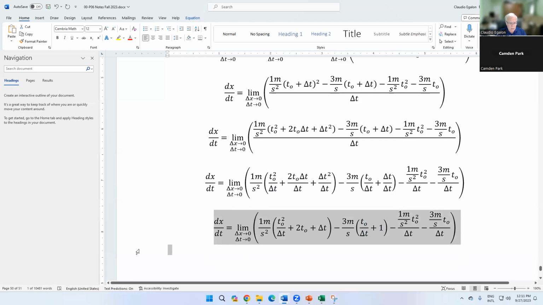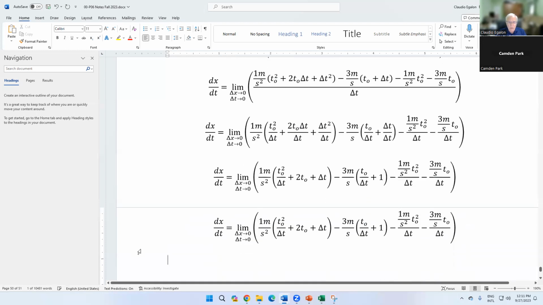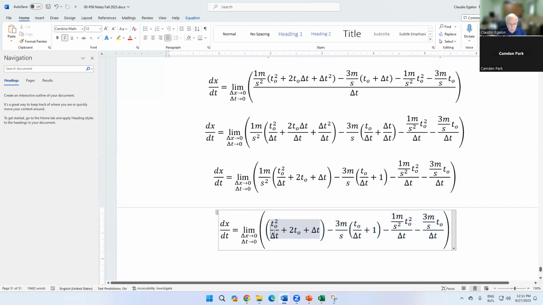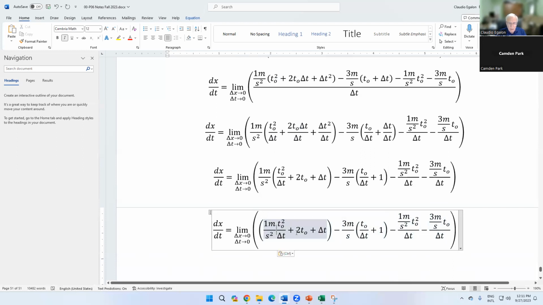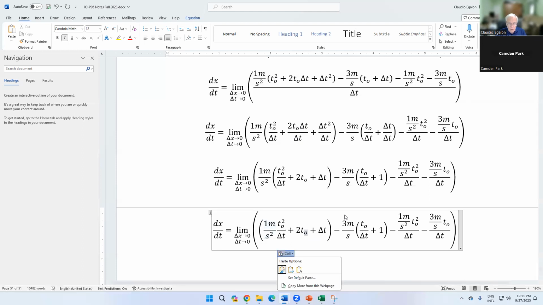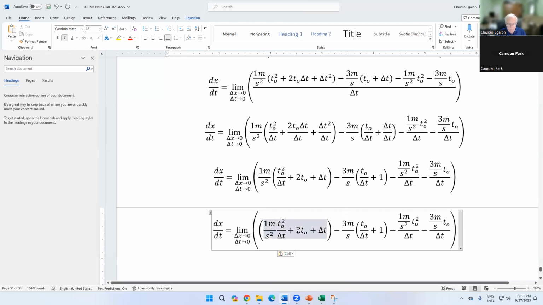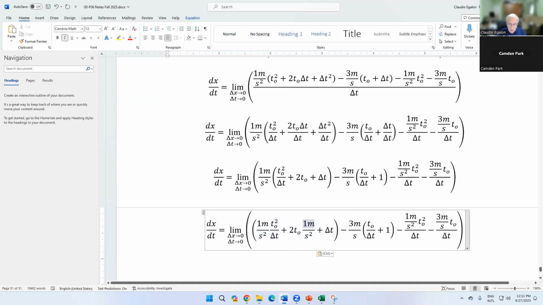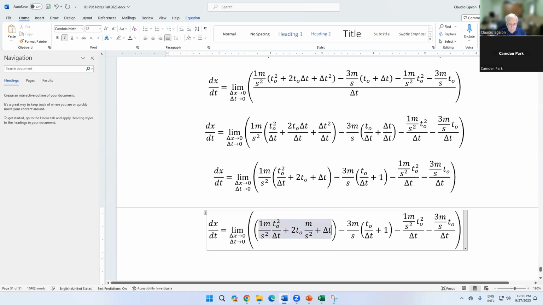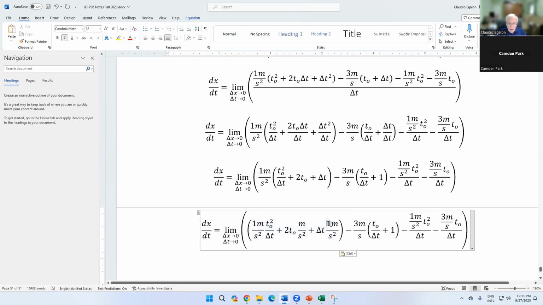Next. That's going to be 1 meter per second square. I'm going to put here 1 meter per second square, meter per second square, right?